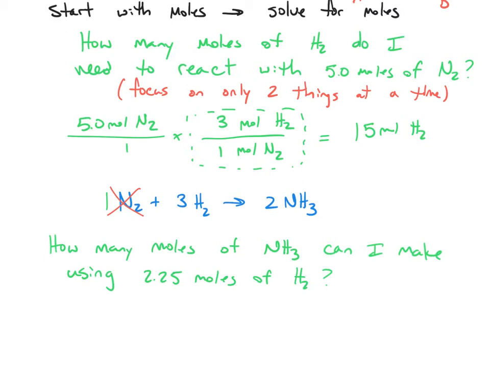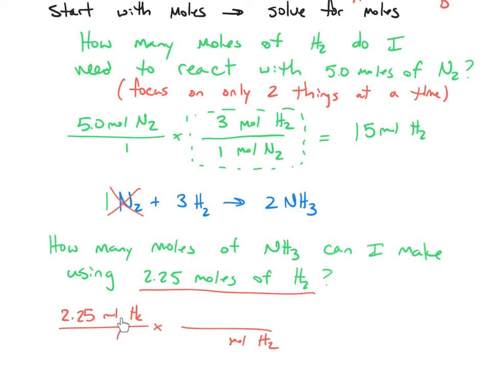I need the N2 in the reaction to balance the other two substances in the chemical reaction, but when it comes to actually doing the math, it is not included as part of the math. So I set up this problem, once again, using dimensional analysis like I did before. So I start with 2.25 moles of H2, and I divide by 1. I multiply by moles of H2 down here.